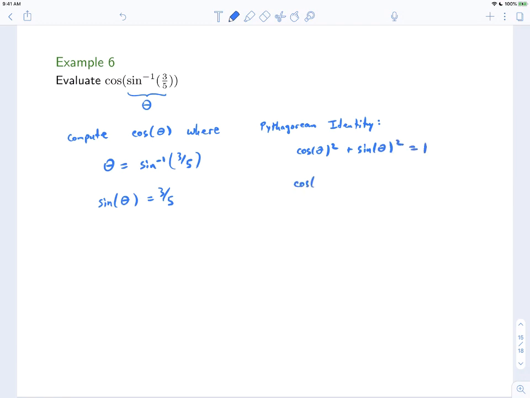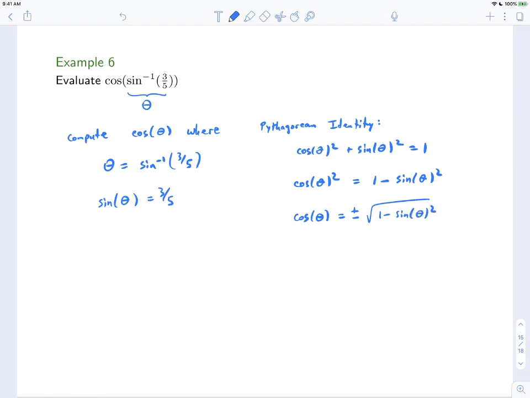So cosine of theta squared is equal to 1 minus sine of theta squared. So now we compute the square root. Cosine of theta is plus or minus the square root of 1 minus sine theta squared.